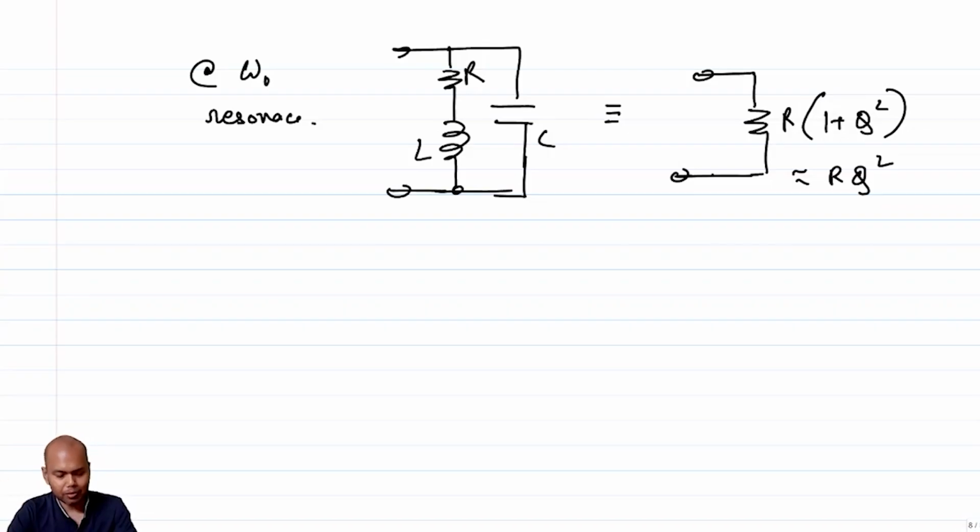For example, if Q is 10, then 1 plus 100 or simply 100 doesn't really make too much of a difference.